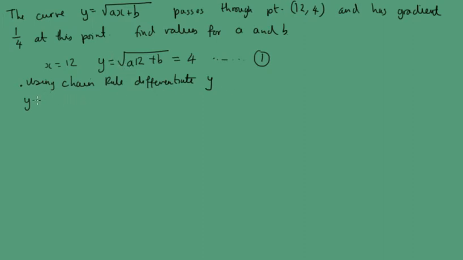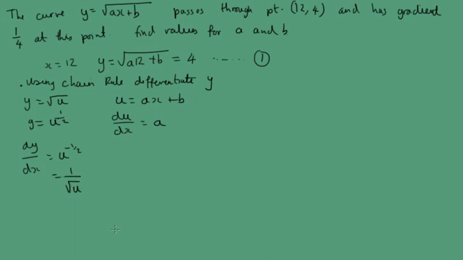So we're going to say y equals square root of u, where u is ax plus b. So du by dx equals a, and y equals u to the half. So dy by du is a half u to the minus a half, which is 1 over root u.